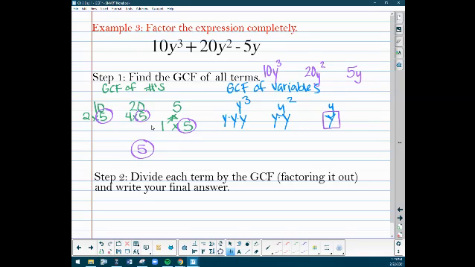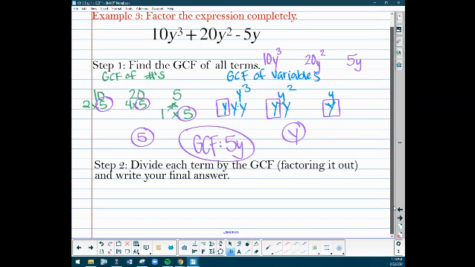I can't have more than 1 y in each thing, so they all can share only 1. Okay, so my GCF, the greatest common factor of all 3 of these, is 5y. So that is my final GCF, putting both of those GCFs together.